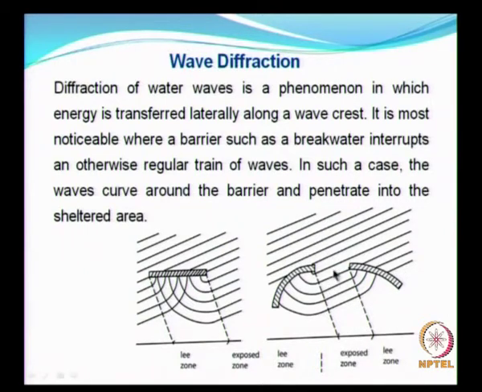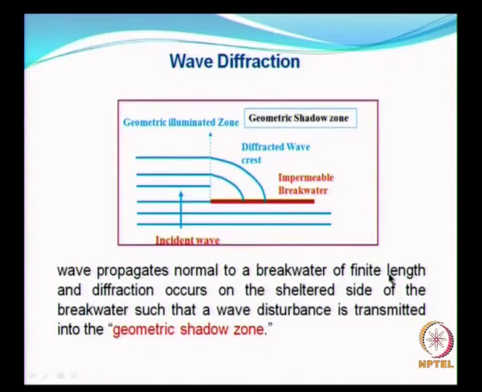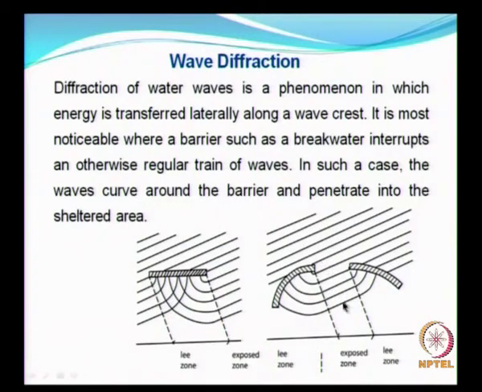So when the waves enter here, you see that here it will be moving uninterrupted, whereas here the energy will be diffracted. So this area will be a calmer zone compared to this area. So I hope it is very clear now.